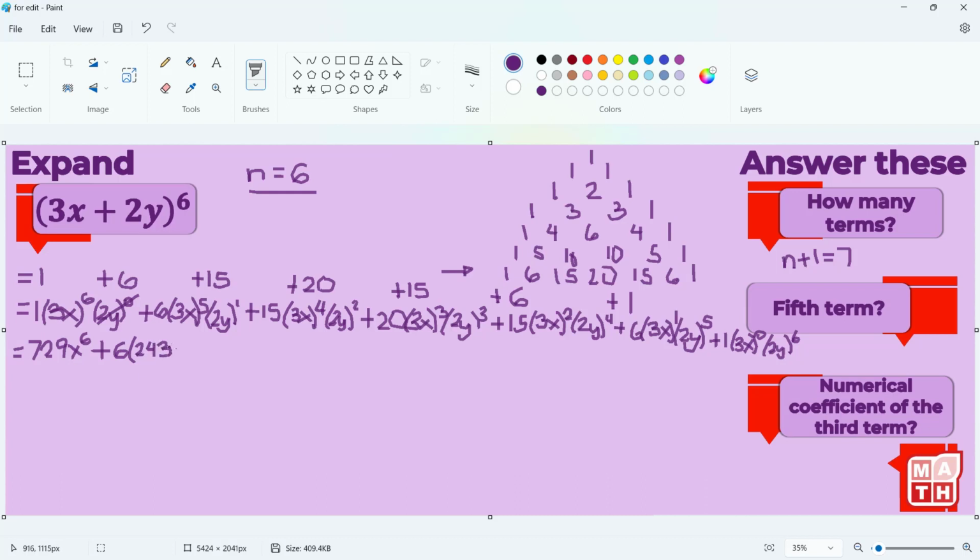243, right? x to the power of 5 times 2y, okay, plus that's 15 times 81 if I'm correct, right? x to the power of 4 times 4, that's 2 squared, y squared, plus 20 times 27 x cubed.